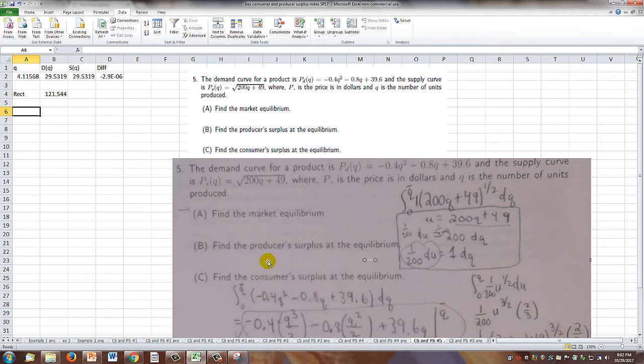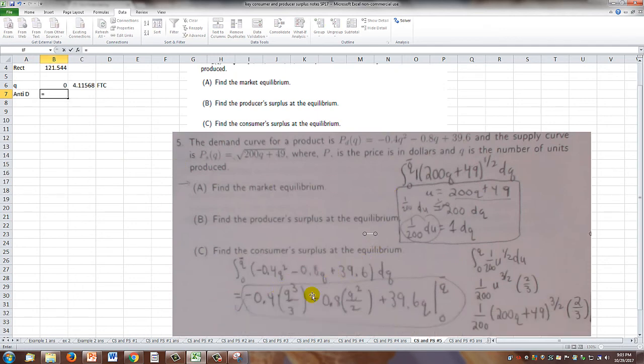We need to find both of them, so I would just do the antiderivative of both in one little area. So I'm going to evaluate Q from 0 to the market equilibrium Q. And it's decimal, so I am definitely going to just click on the cell. FTC means we're going to find the area under these curves. The anti-demand curve we found, and it was right here.